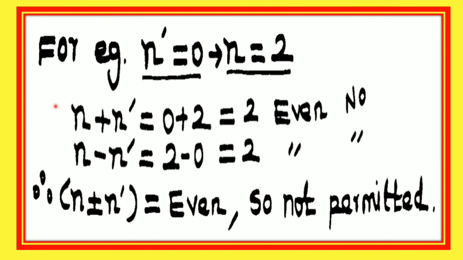For n plus n prime equal to 0 plus 2, that is an even number. Similarly, n minus n prime, 2 minus 0 equals 2, an even number. If the sum and difference are even, then the transition from 0 to 2 is not allowed.